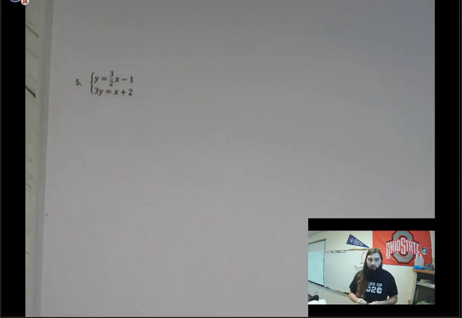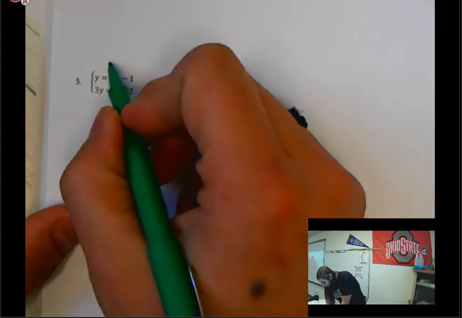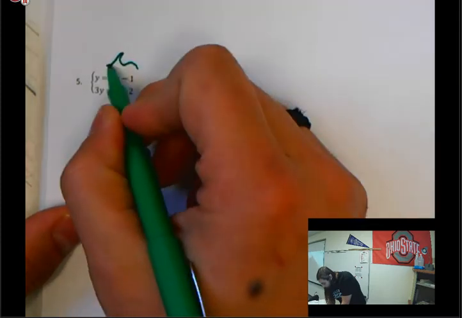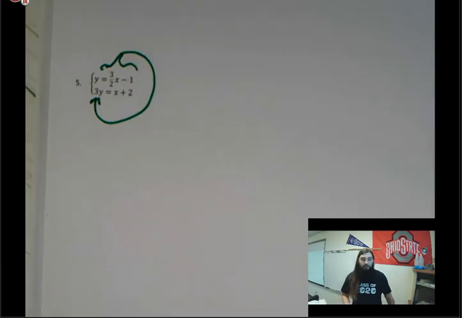And the way this works is we take the value that's been given to us for y, or for x, we may have a value for x to solve with, and we're going to take it and plug it into the other equation for that variable. So in this instance, we're going to take 3y, and in place of y, we're going to have this whole thing here. So that whole thing is going to go in for y.